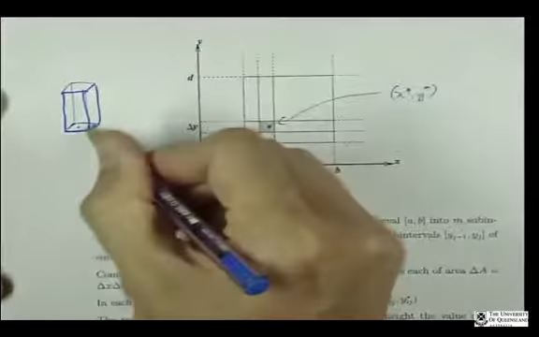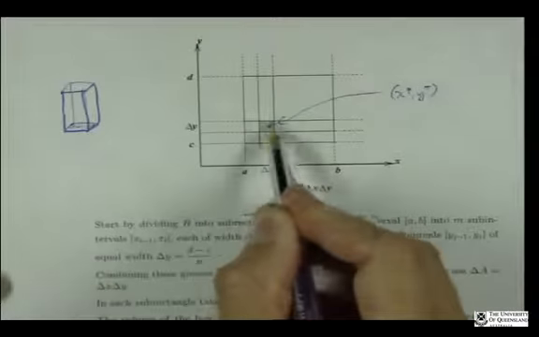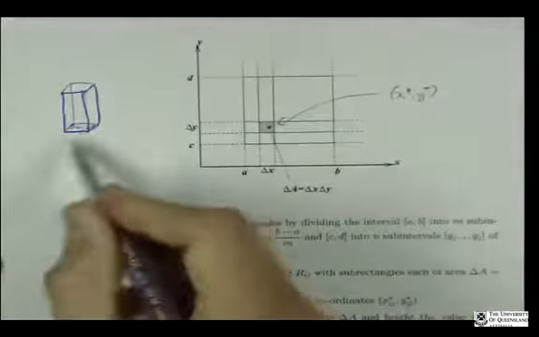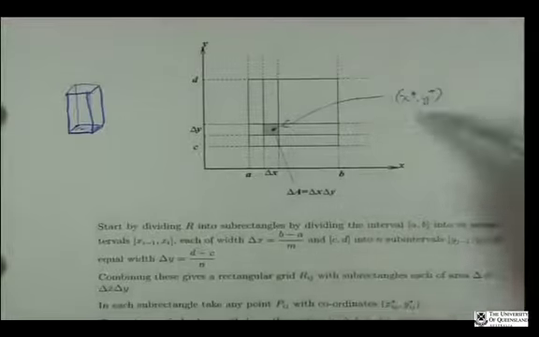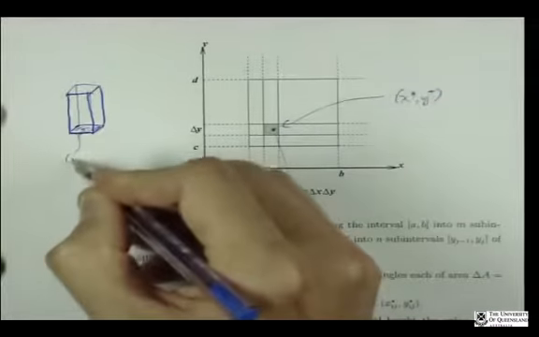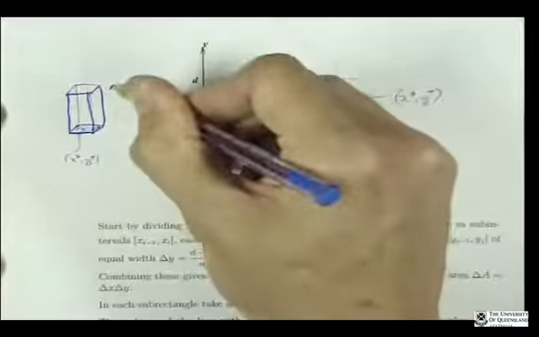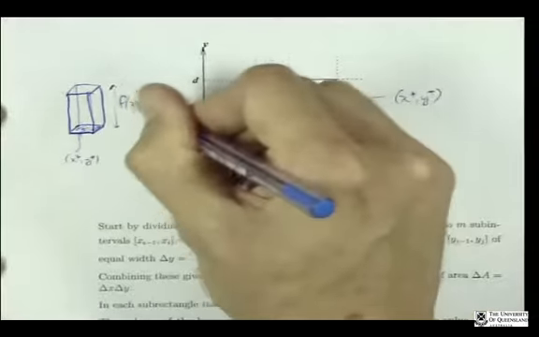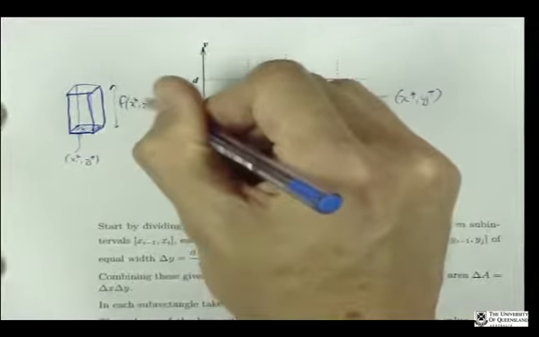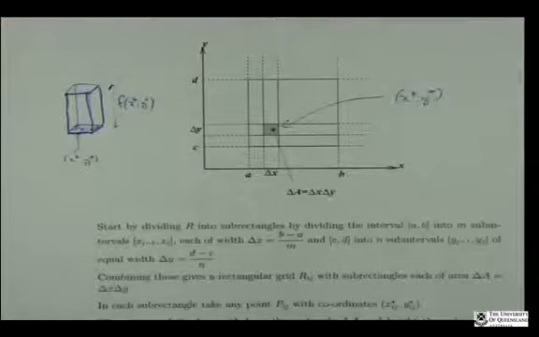So at the base here, that's corresponding to this grid square in the xy plane. And then what we're going to do is evaluate the function at our representative point with coordinates x star, y star. And so the value of the function at that point is just going to be the height of this box. One thing I've stated at the start is that we're interested in quantifying the volume below that surface and above this region in the xy plane.